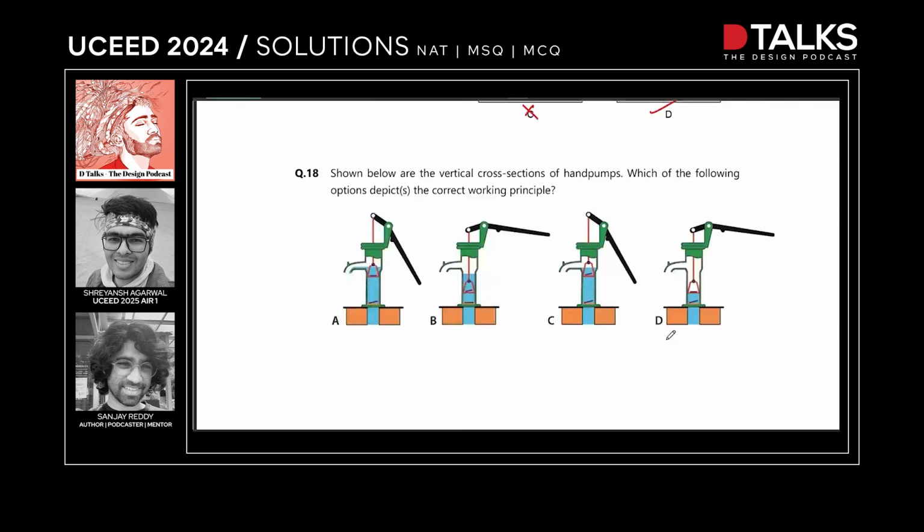Shown below are vertical cross sections of a hand pump. Which of the following depicts the correct working principle? So, for the city folk like me, how I prepared for questions like this was to think of any simple mechanical objects in your vicinity, like hand pumps, nail cutters, jack in the box.